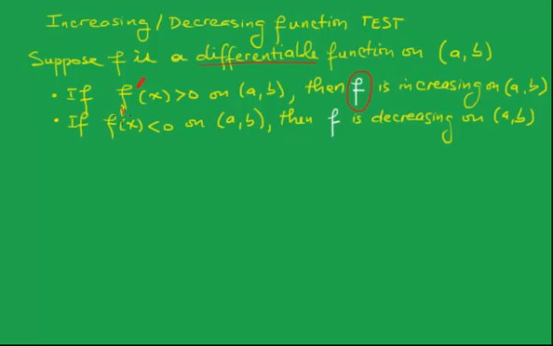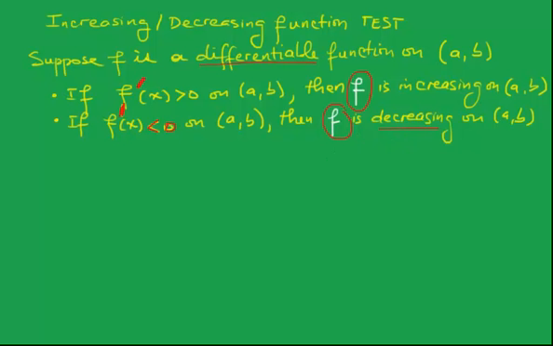If the derivative is less than 0, is negative, then the original function is decreasing. So when it's positive, it's increasing. When it's negative, it's decreasing. Derivative positive, f is increasing. Derivative negative, then f is decreasing.